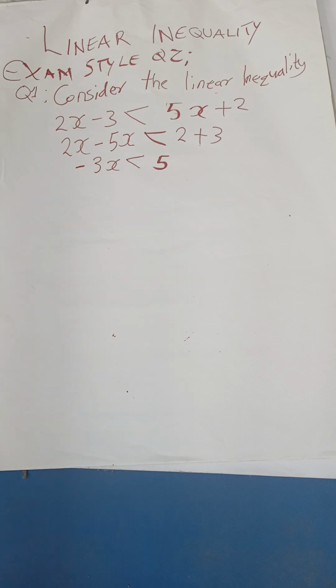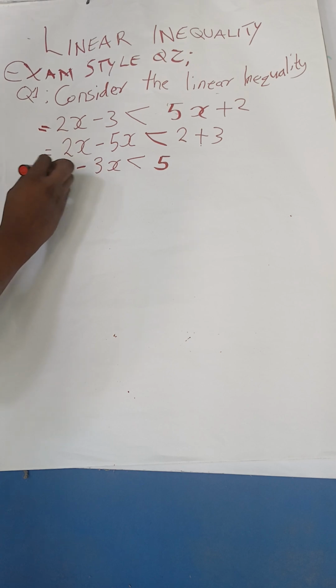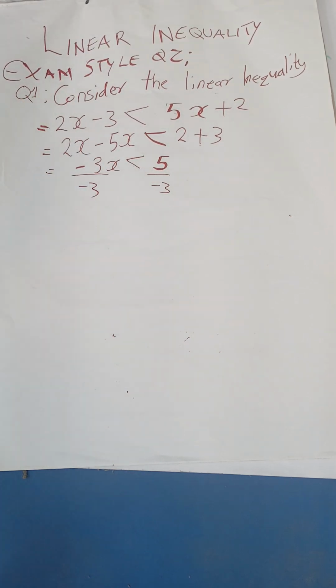Now to remain with the x alone, you have to divide both sides by -3. There's an interesting part here I want you to note, and it's where students always get it wrong.